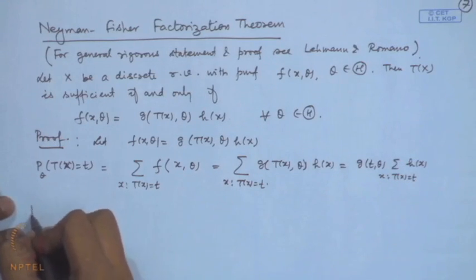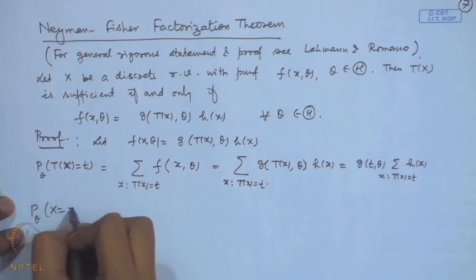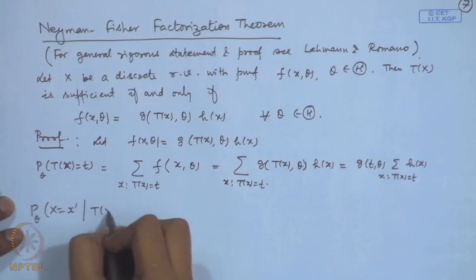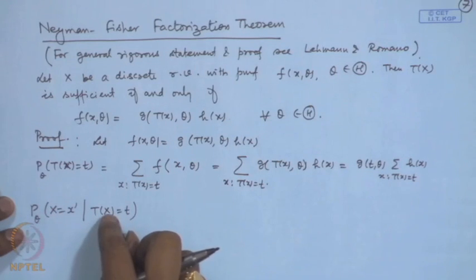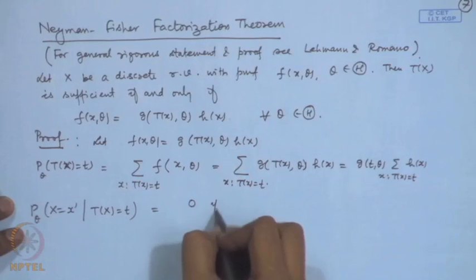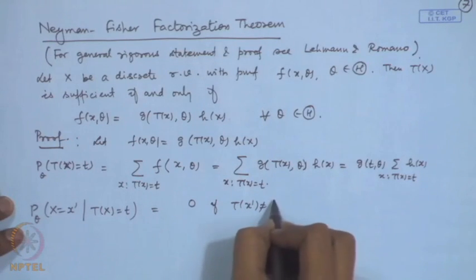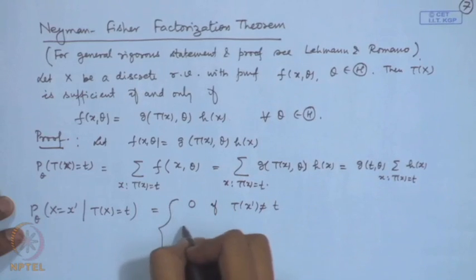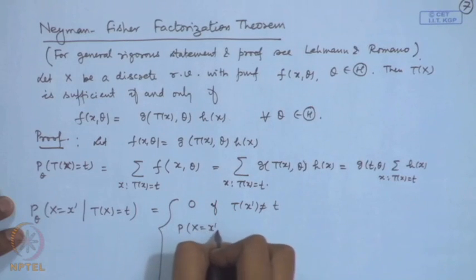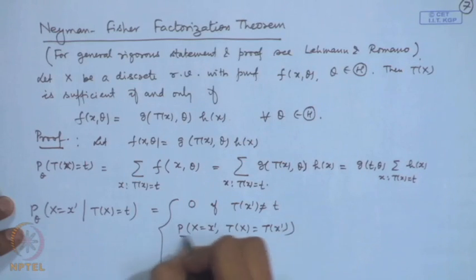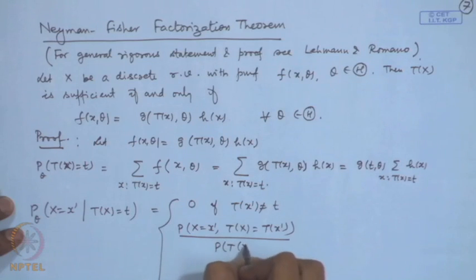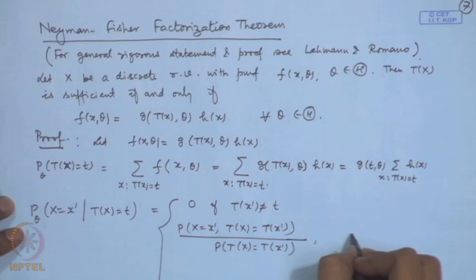So, if I consider the probability of X is equal to, say, x prime given T(X) is equal to t, that means the conditional distribution of X given t, this is equal to 0 if T(x prime) is not equal to t, and in the other case it is equal to the probability of X equal to x prime, T(X) equal to T(x prime), divided by the probability of T(X) equal to t, which is actually equal to T(x prime) here, because I am taking T(x prime) equal to t.